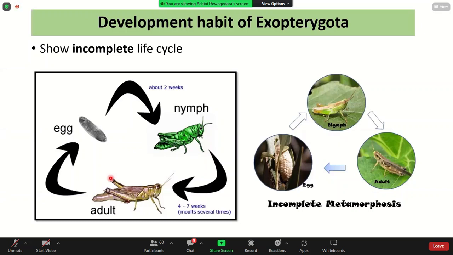Did you understand? They shed the outer layer, like a peeling. Did you understand? Did you all understand? If you say yes, I can proceed.